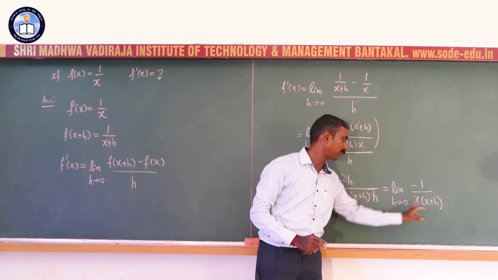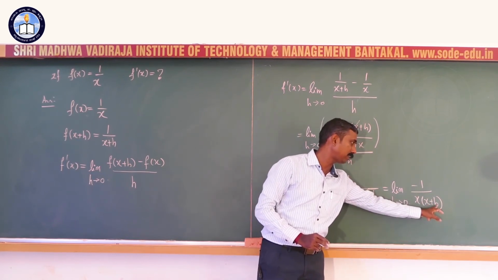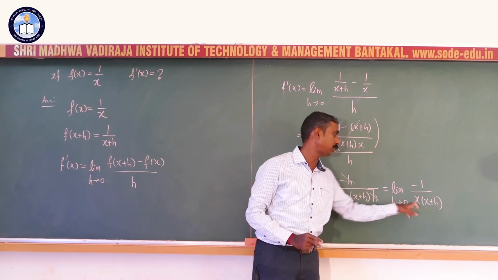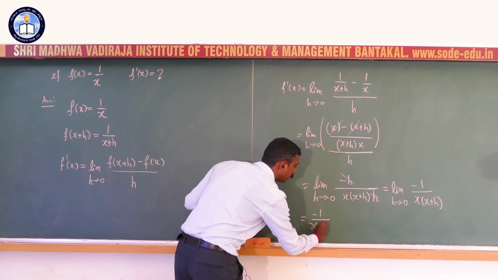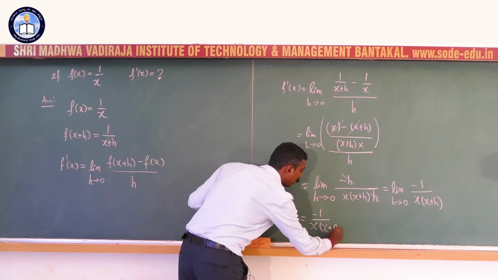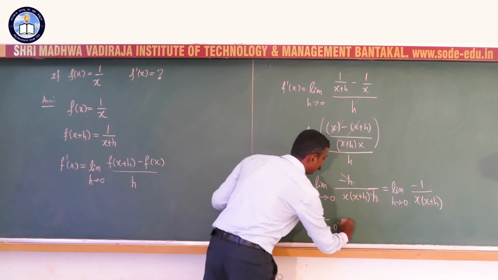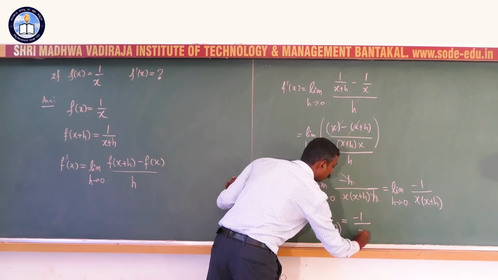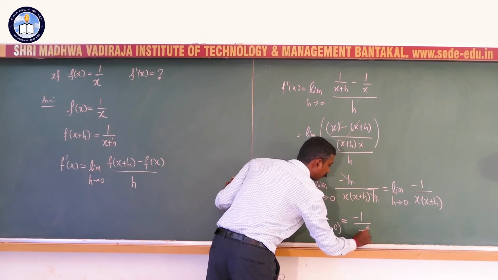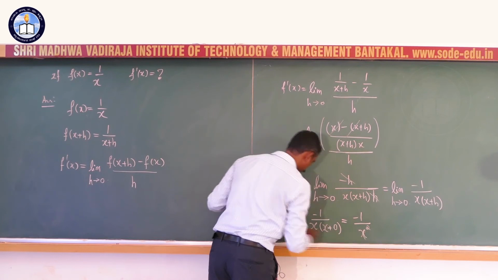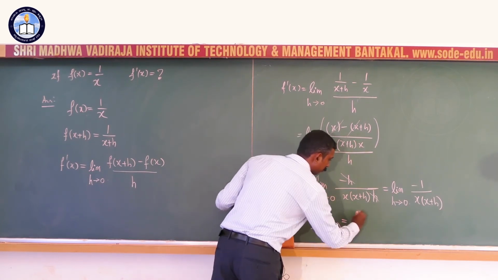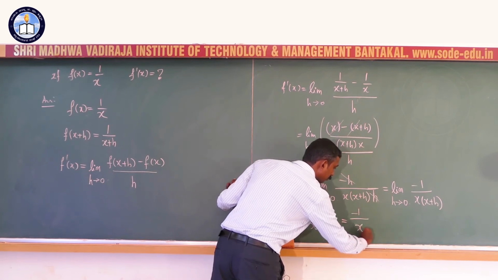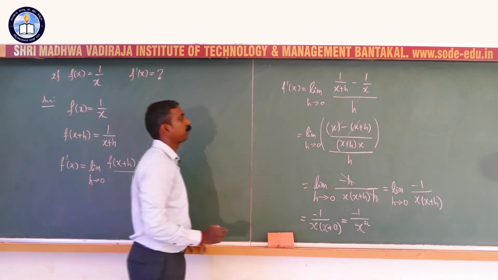So, when you apply h equals to 0, it becomes minus 1 divided by x into x plus 0, that is same as minus 1 divided by x square. Minus 1 divided by x square.